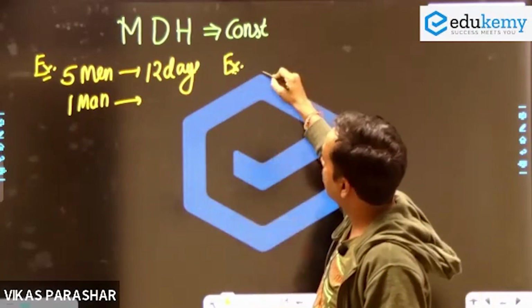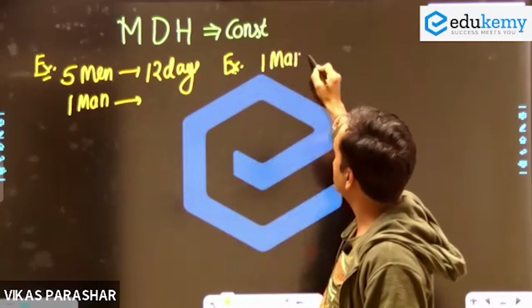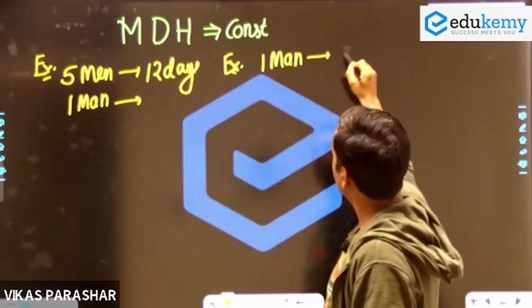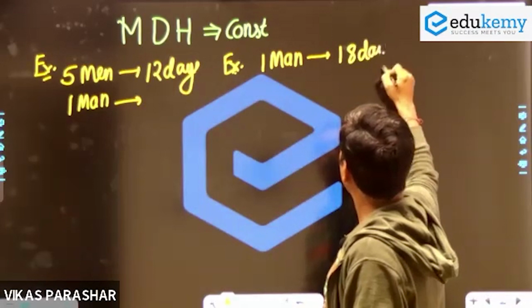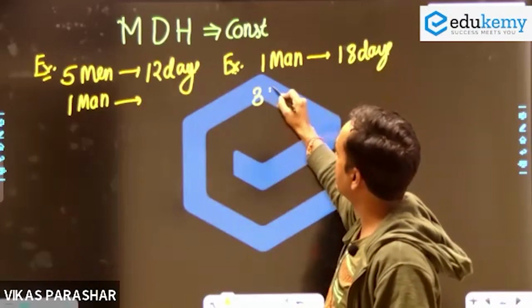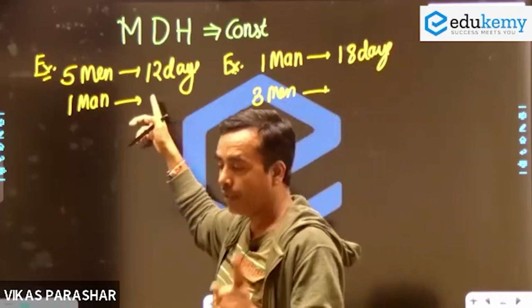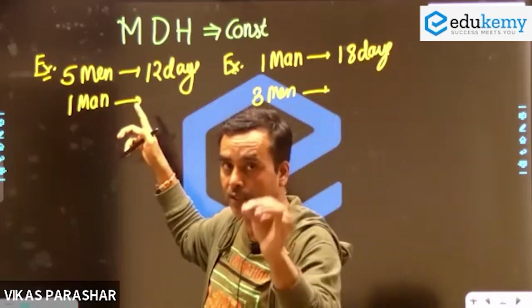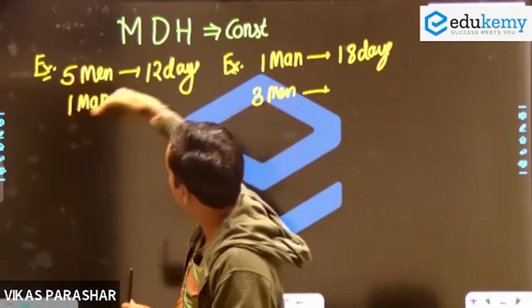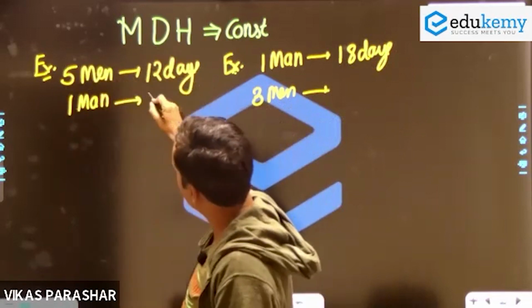Achha, sometimes the time of one man is given. One man completes the work in 18 days, and you want to find out in how many days three men can complete the work. So you can write directly. I know that person less, days more, so don't divide, multiply.